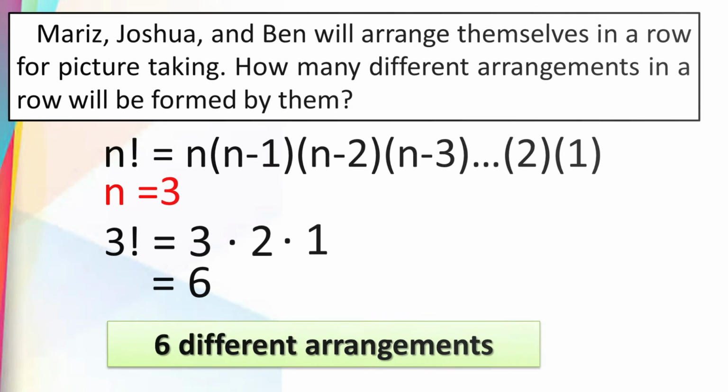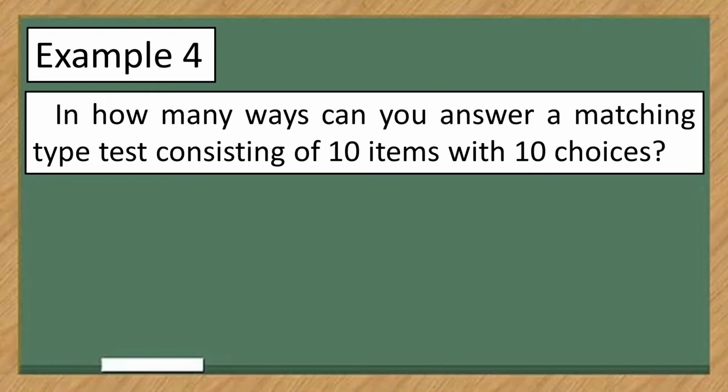Example 4. In how many ways can you answer a matching type test consisting of 10 items with 10 choices? We all know that in a matching type test, once you have selected a letter, it can no longer be used. Therefore, this situation also shows permutation just like in picture taking.